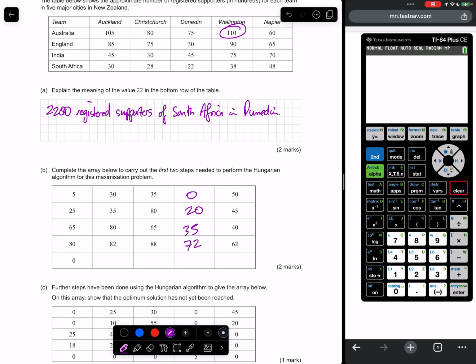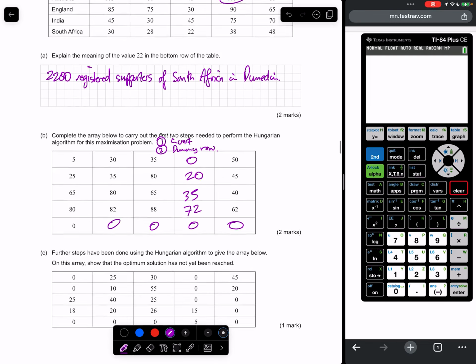The first 2 steps. So first step was invert. And second step, dummy row, because the matrix is not square. So 0, 0, 0, and 0.